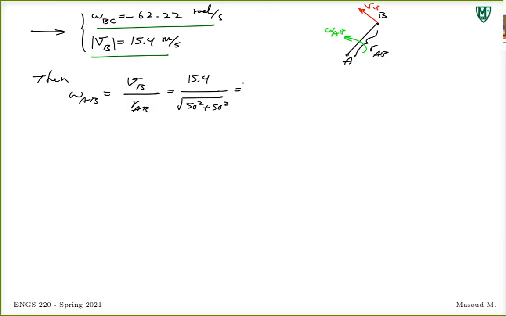If you do that, you get 217.77. And the direction I took is the direction VB is in, so counterclockwise. That would be your final answer.